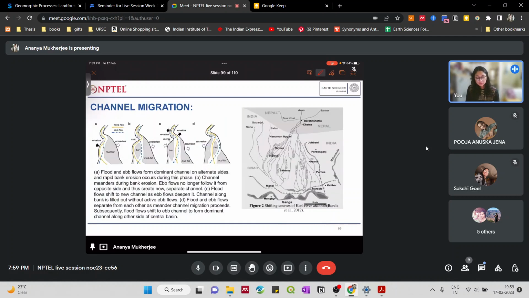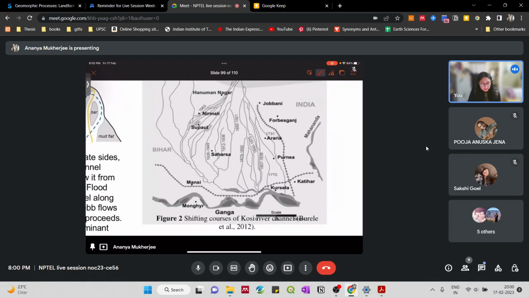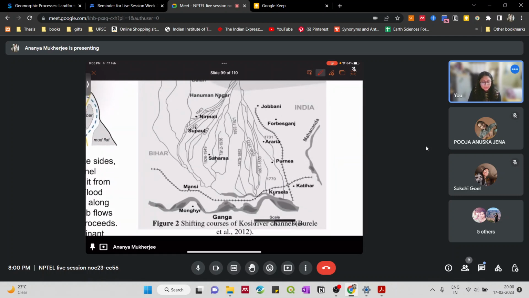Over here you can see channel migration, as we have discussed till now, how the channel shifts from straight to sinuous to meandering, braided, and then again it can become a straight channel. You can see how the flow direction has changed in past years for the Kosi river.